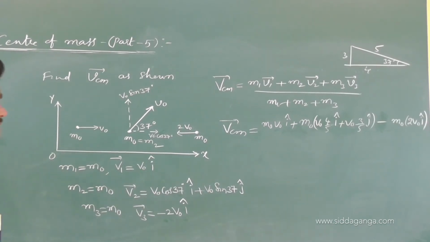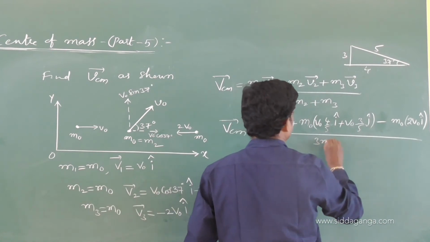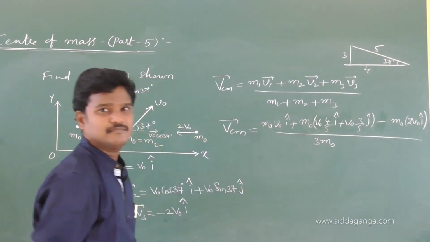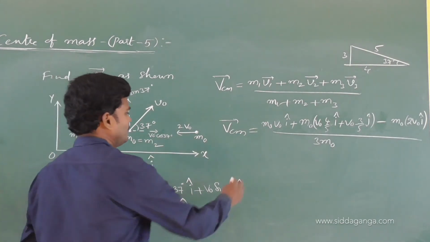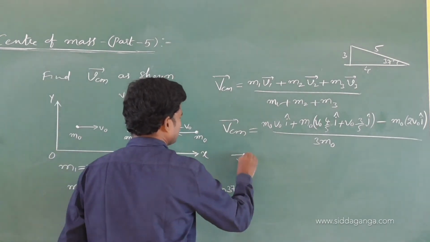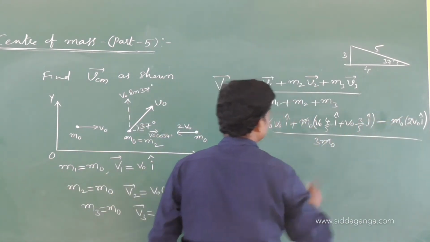Substitute the values. This is M naught, M naught, M naught, 3 M naught. Simplify the values. Add i with i, j with j, k with k, because you know the vector rules. So Vcm bar, M naught everywhere gets cancelled, so there is no need to worry about M naught.